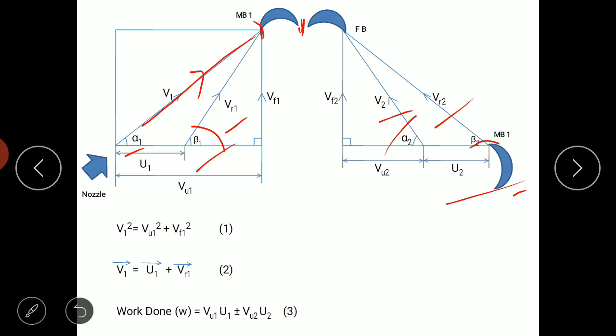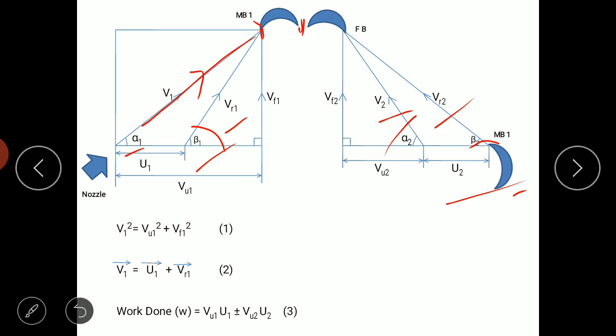Sometimes it is also used like a nozzle, where the available pressure energy is utilized to convert it into kinetic energy. That is in the case of a steam turbine.